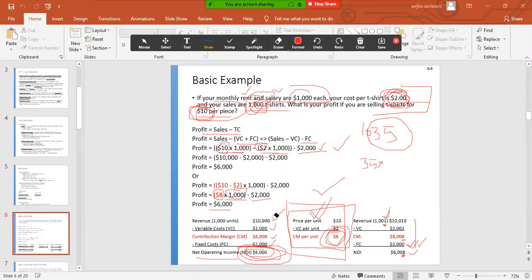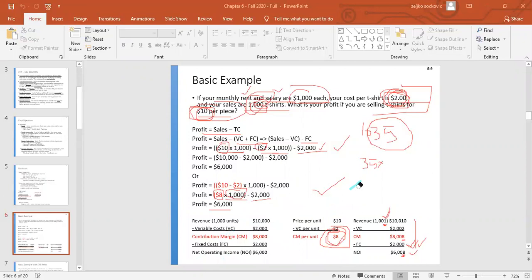Do not get confused or fooled and think, well, if I sell one more unit, I'm going to sell it for $10, so I'm going to make $10 in profit. No, there is something in between here, variable cost of $2. So you will not make $10 in profit. You will make an additional $8 in profit, right?